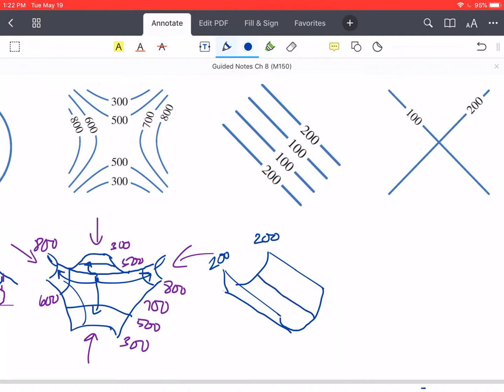And down there, and down there, that's going to be 100 and 100. Okay, so this one, the contours are evenly spaced, right? So it has the same distance from here to here, here to here, and then here to here on all of those.